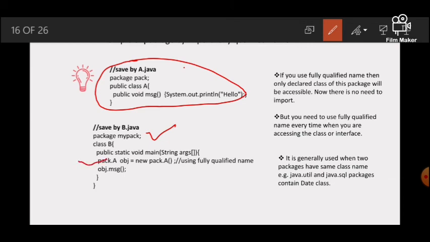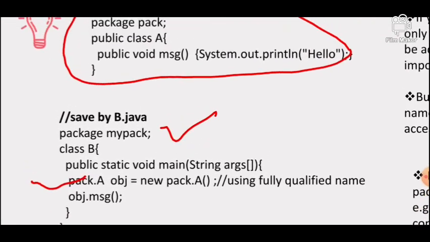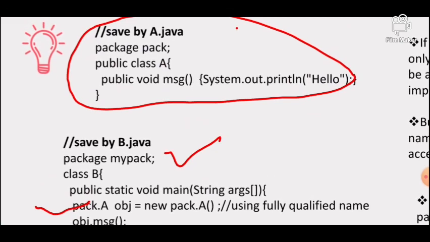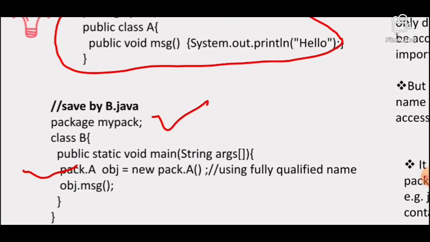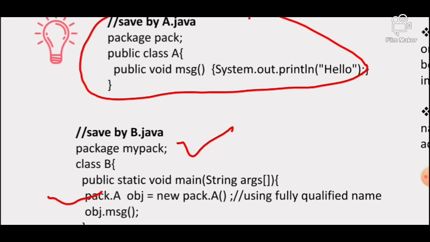Here you see pack.A, that means every time I write pack.A and then create an object, new pack.A. That is the way you have to write it every time. You don't need to use the import keyword here.